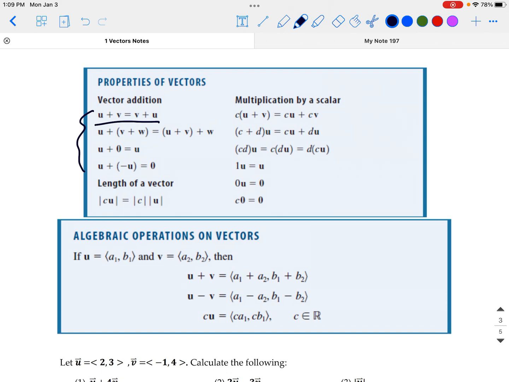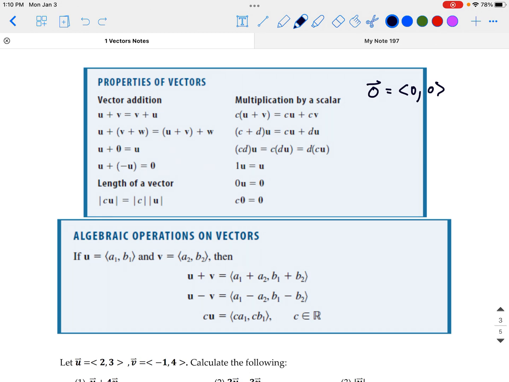Order doesn't matter when we add two vectors, so u plus v is equal to v plus u, and we can add them in any order. I will note the zero vector, the 0 written in bold in your notes. That is just the vector 0, 0, which is simply a single point. It has no magnitude and no real direction, but it is a vector that will show up. A vector plus its opposite will be the zero vector.